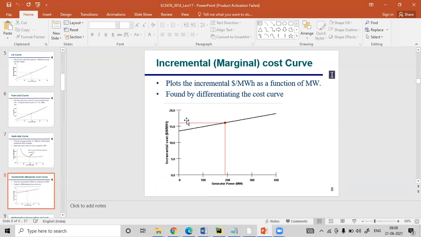Okay, and you must note that all these four curves for the generator cost curve, all these curves are most important to decide the generator cost or the electricity cost, right?